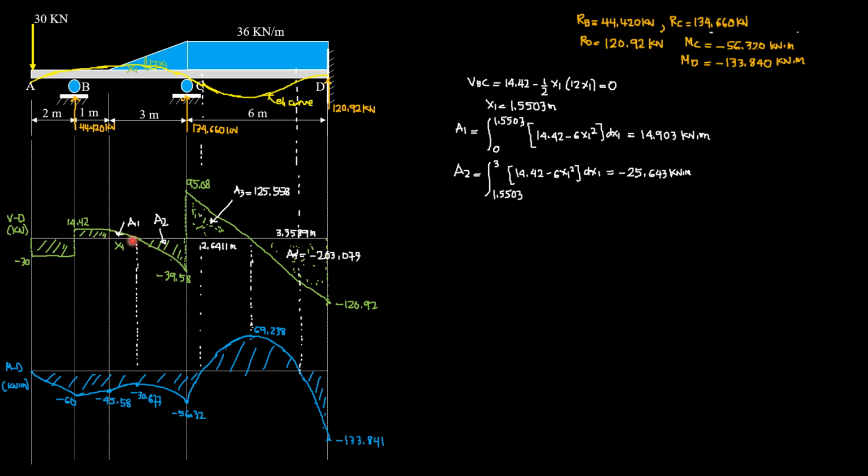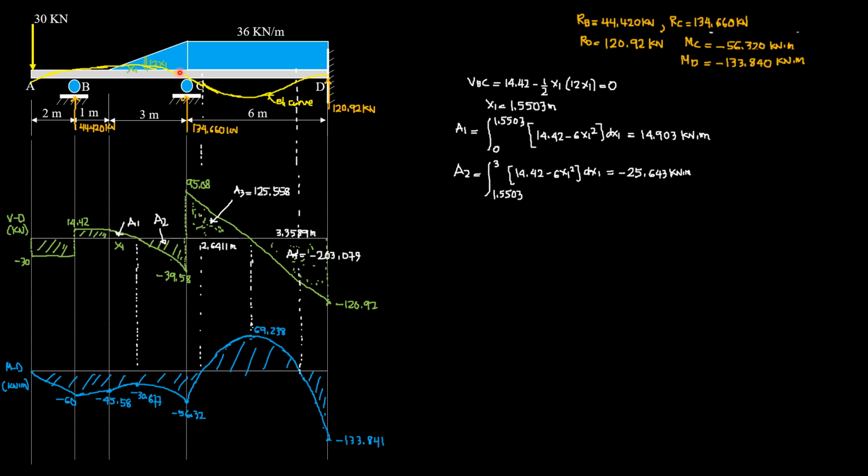So to solve for x1, we set up shear equation for BC, and it is 14.42 minus the area of this triangle. Now, if I call this distance x1 from 0 load, by similar triangles, imagine this is W. W as to x1 equals 36 as to 3. 36 over 3 is 12, so that's why this is 12x1, the intensity of the load.